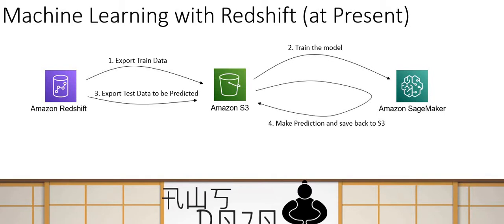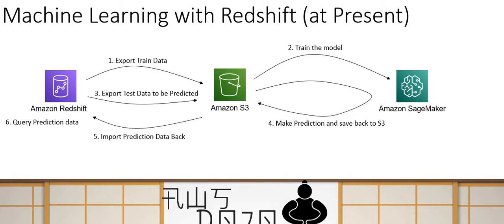Then you use this test data and the trained and deployed machine learning model to make the prediction, and that prediction is saved back to the S3 bucket. Then that prediction is imported back into Amazon Redshift, and finally you can query the prediction about the test data. So these were the typical 6 steps involved in order to use machine learning within Redshift.